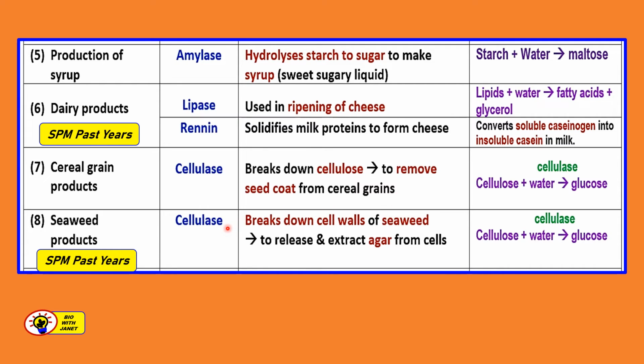Now, cellulase is also used to break down the cell walls of seaweed to release and extract agar-agar from cells, which is to make jelly. So in the making of jelly, the enzyme cellulase is needed to break down the cell walls of the seaweed so that the agar-agar from the cells can be released and used in cooking.